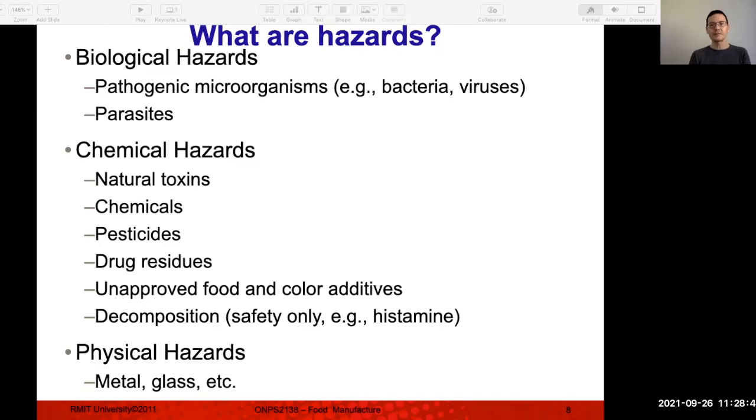So if there's metal, glass, wood, or a sharp needle or pin or something like that, those are physical hazards that can find their way into foods, causing a physical hazard.